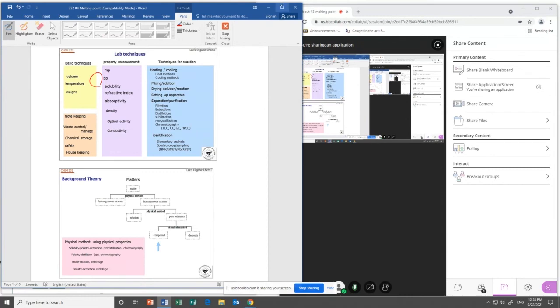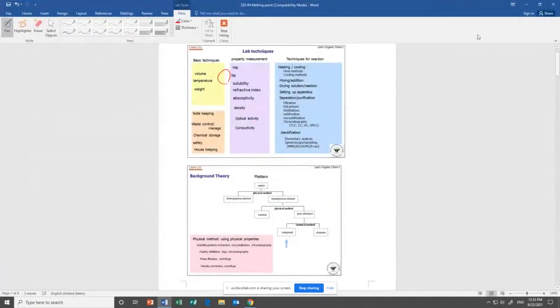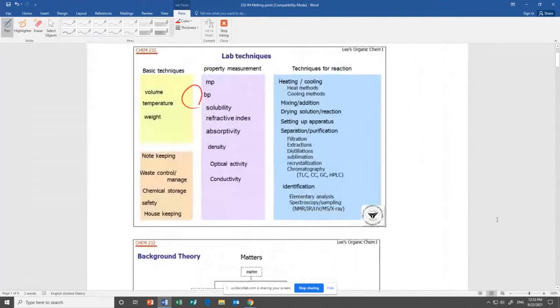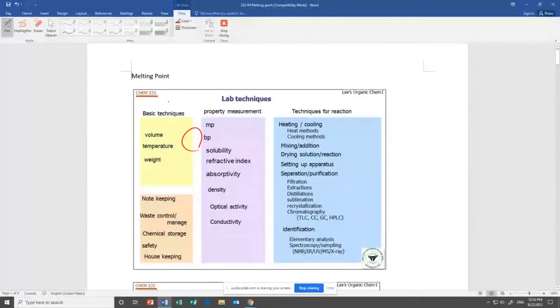Okay. So when you look at here, last time I showed you this, you need to be aware of these. So the basic techniques and property measurement, and we just did melting point.